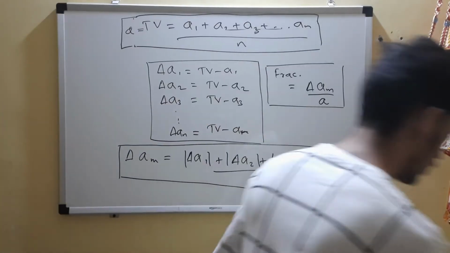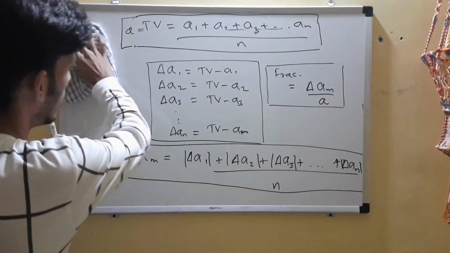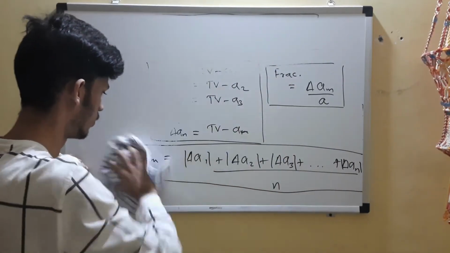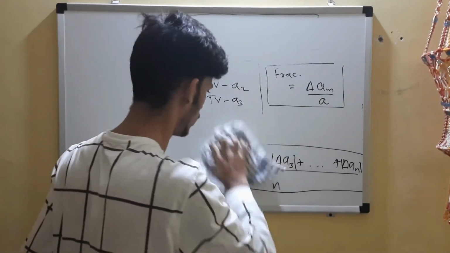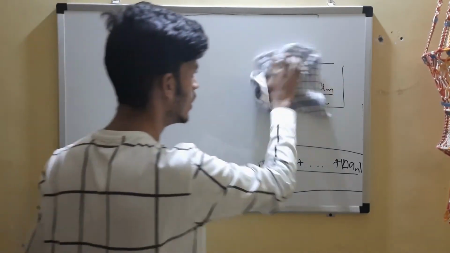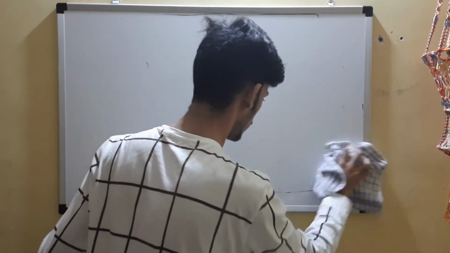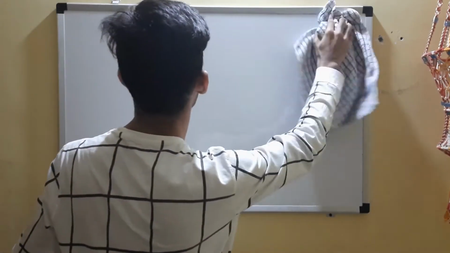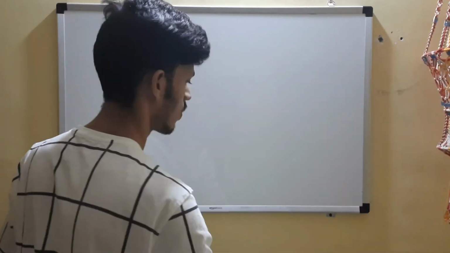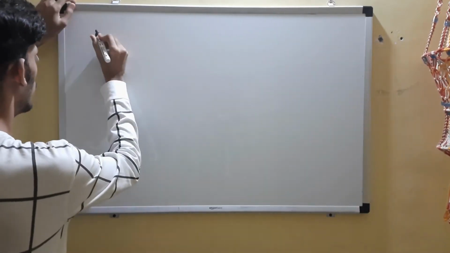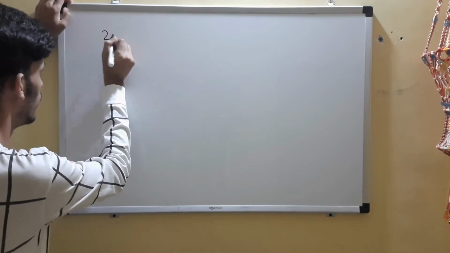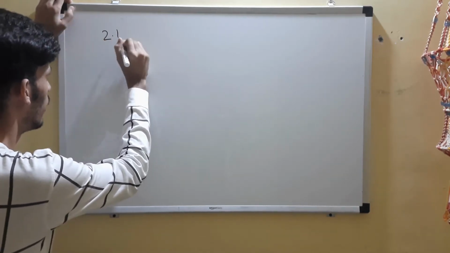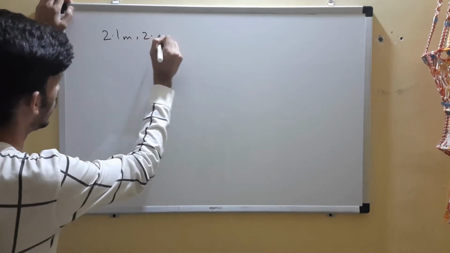Okay, so let's practice one example so that you are comfortable with this. They have provided us the data. They have measured the length of a rod, and they have expressed the data: 2.1, 2.2, 2.3, 2.4, and 2.5.